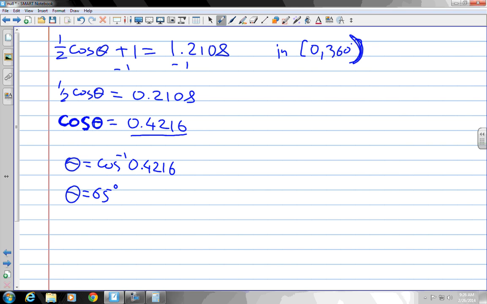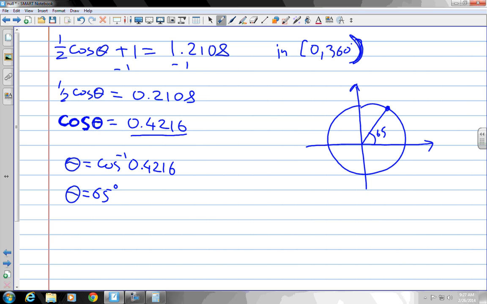I have to make sure I found all solutions. Yeah, from 0 to 360. So I'm still going to have to draw a unit circle. Okay? I'm going to use my understanding of where cosine is. So 65 degrees is something like that, right? So here's that point. Now cosine, is the cosine x or y value?